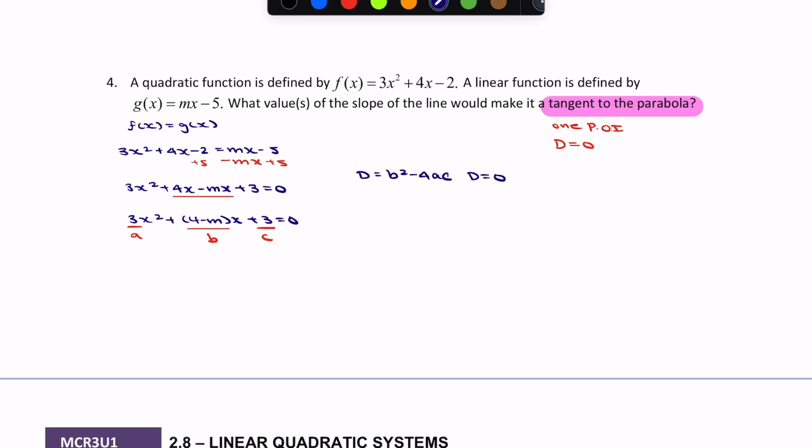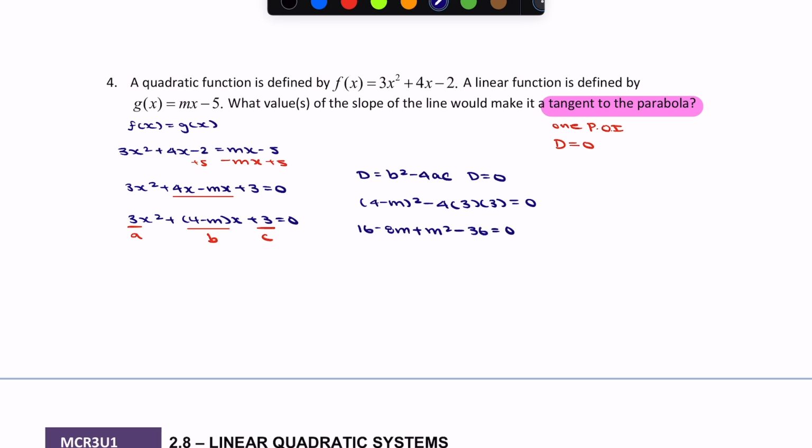So here we get b squared, so (4 minus m) squared, minus 4a, which is 3, c, which is 3, is equal to 0. We'll expand the (4 minus m) squared. We get 16 minus 8m plus m squared minus 36 is equal to 0.